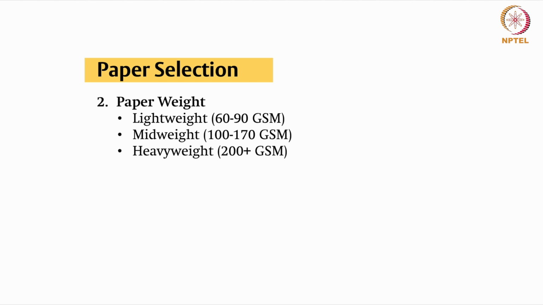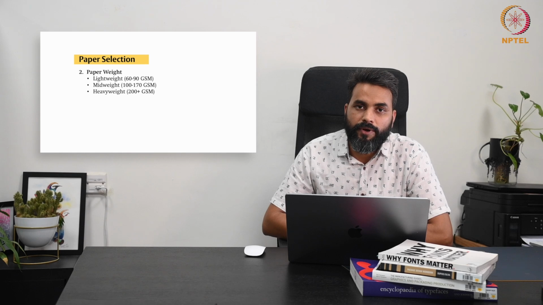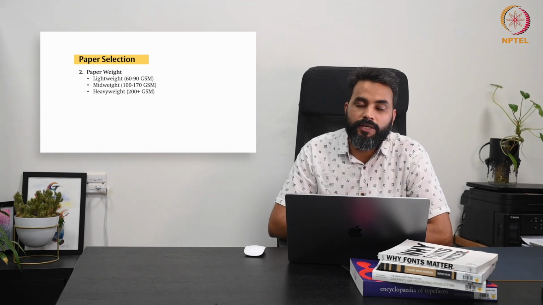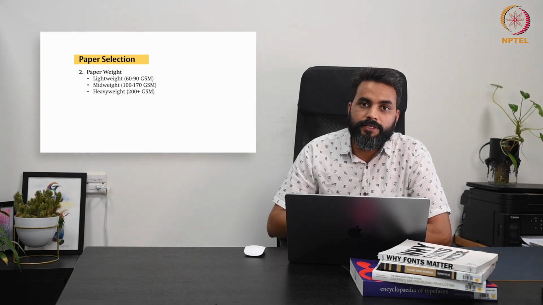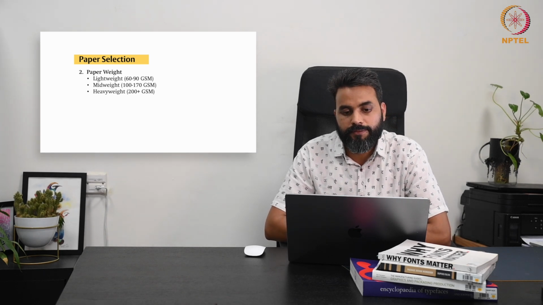Similarly, the midweight paper, around 100 to 170 GSM, is ideal for brochures, flyers, and posters. Heavyweight papers, which are more than 200 GSM, are used for business cards, postcards, and premium invitation cards, where it is very sturdy and the size is also very small, so it will be very easy to hold and access.